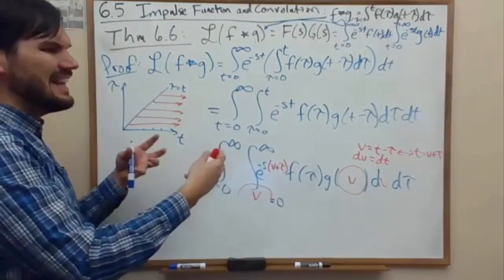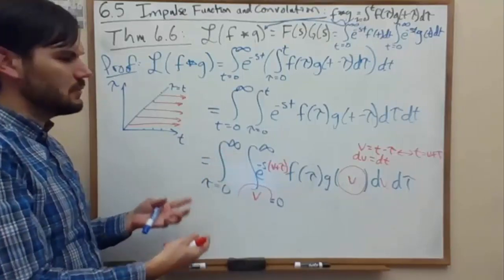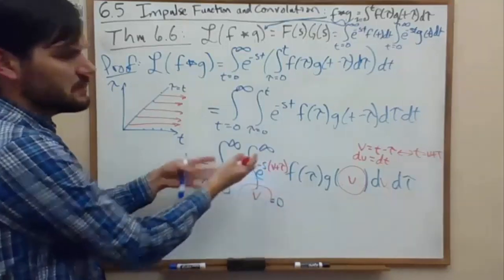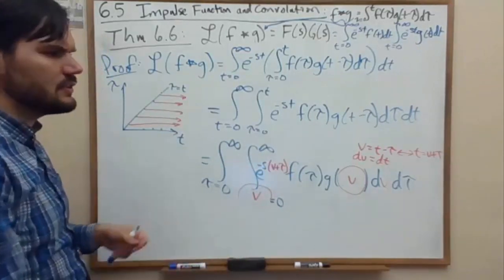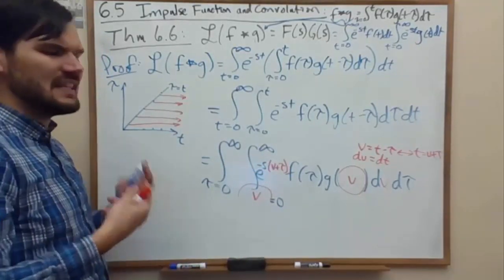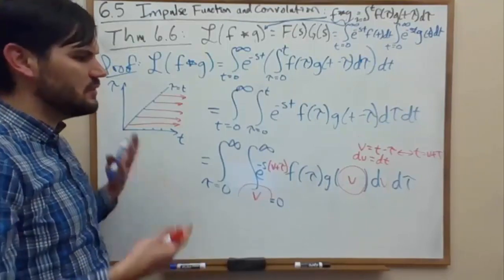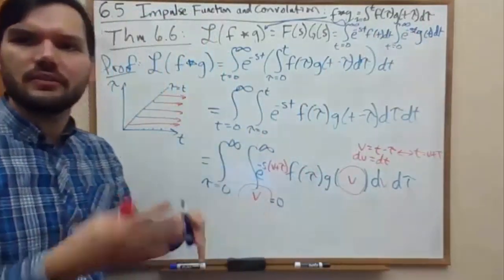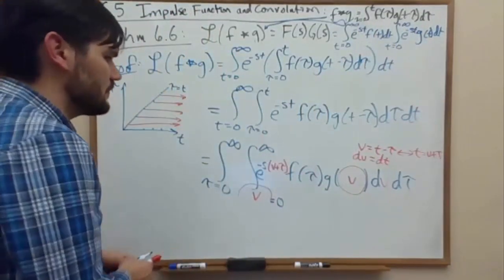Okay, so now we have combined into a common double integral, and we have created the right limits by making a change of variables, a very slight change there. Now our job is to separate this out into a product of two integrals which look like transformations of f and transformations of g.